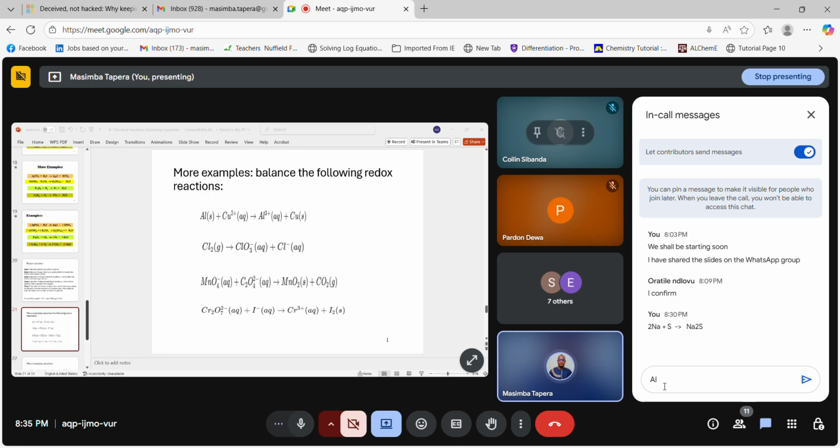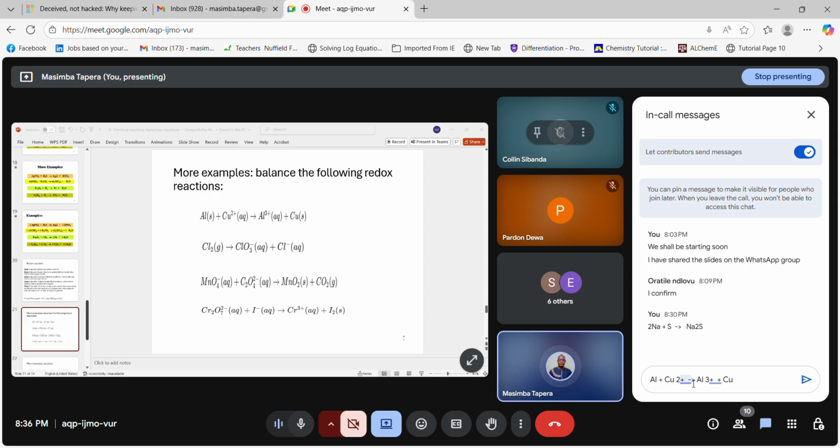So the first one is Al for aluminium plus copper 2 plus, let's show that this is a charge, arrow, then we are going to get Al 3 plus and copper.